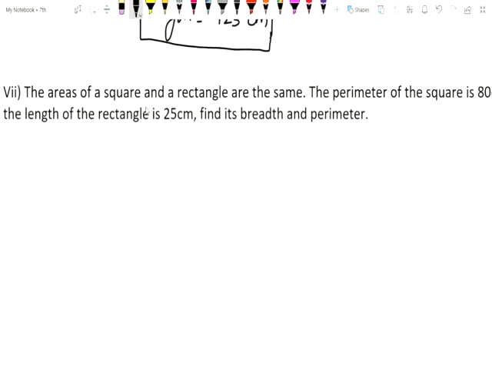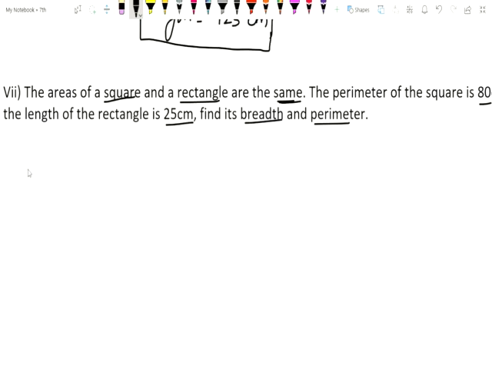Areas of a square and a rectangle are the same. The perimeter of the square is 80 centimeter. If the length of the rectangle is 25 centimeter, find its breadth and perimeter. Okay, children. See here.